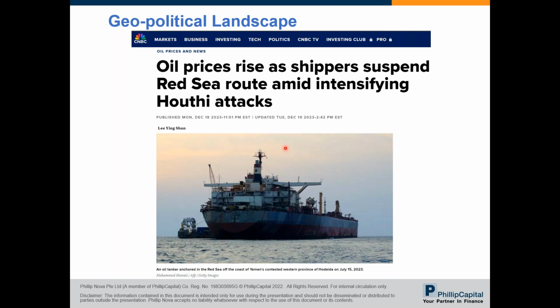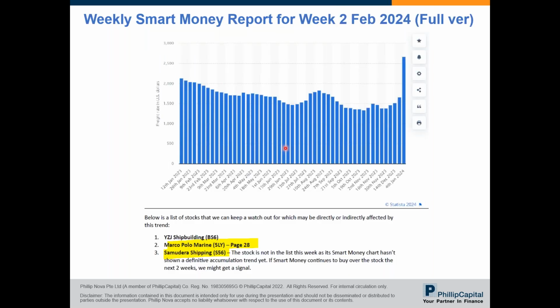A lot of shipping companies are rerouting to avoid this conflict, meaning they are traveling a longer route. This will cause the cost of shipping to increase. In fact, if you Google the freight rate, the freight rate for January hit an all-time high, really because of what is going on in the Middle East region.